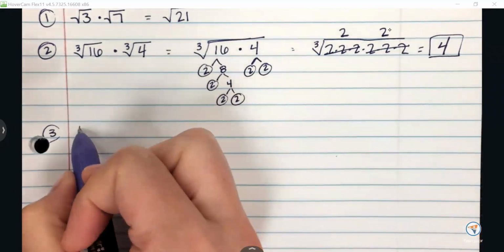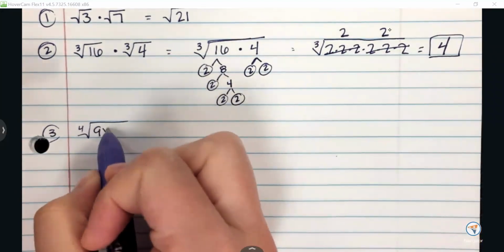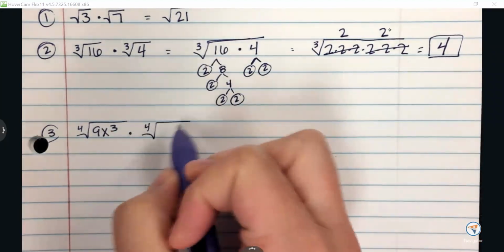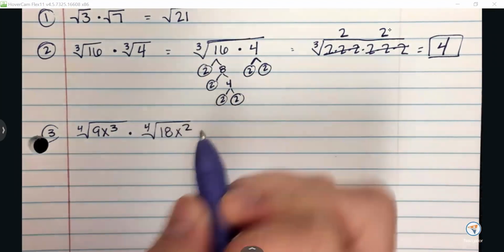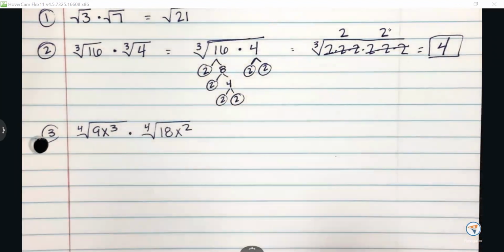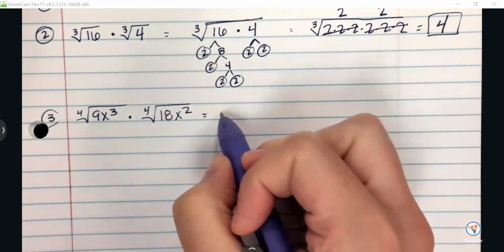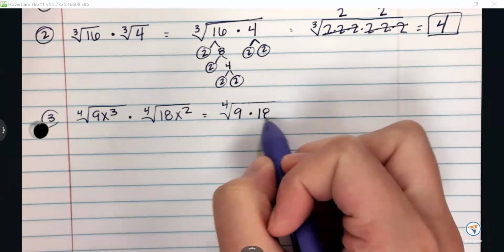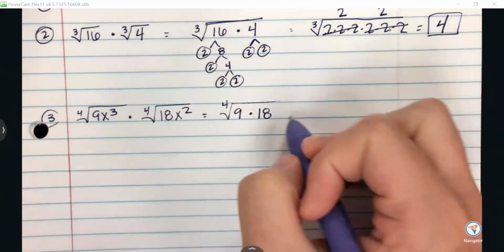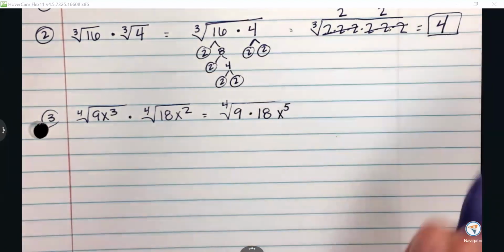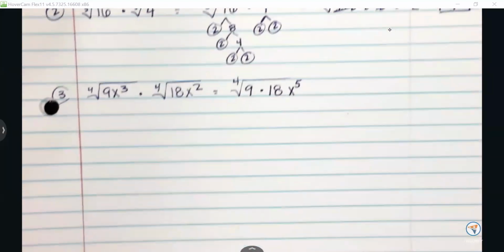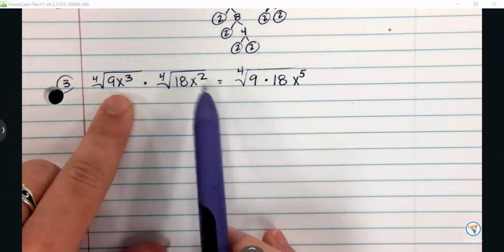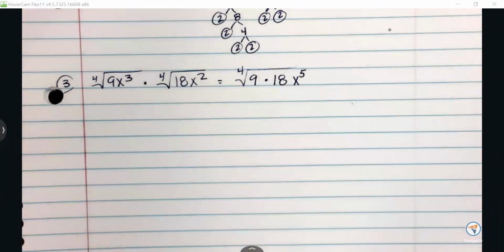So if I give you the 4th root of 9x cubed times the 4th root of 18x squared. So I can rewrite this as the 4th root of 9 times 18 x to the 5th. Where did I get x to the 5th from? Combined my x's. x cubed times x squared is x to the 5th.